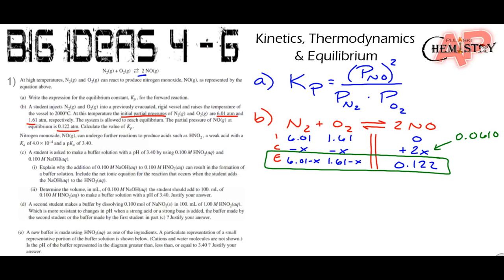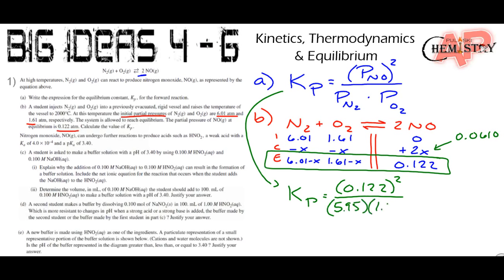So by plugging that in, I'm just going to use my equilibrium expression here. It's going to be 0.122, and I have to square that, over now my adjusted pressures. Where did I get that? Because this is my x. 0.0610 is my x, so 6.01 minus 0.0610 would be 5.95.